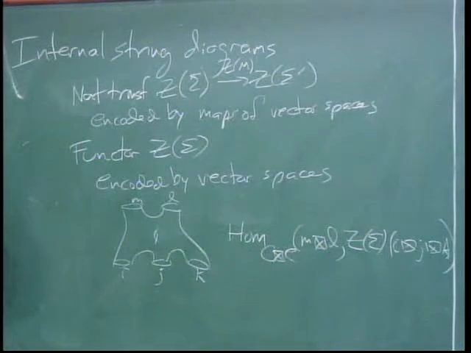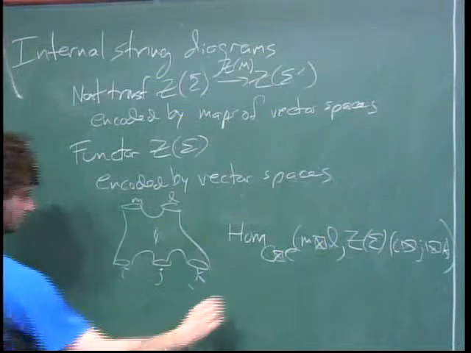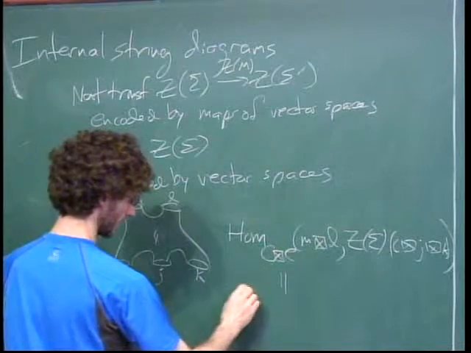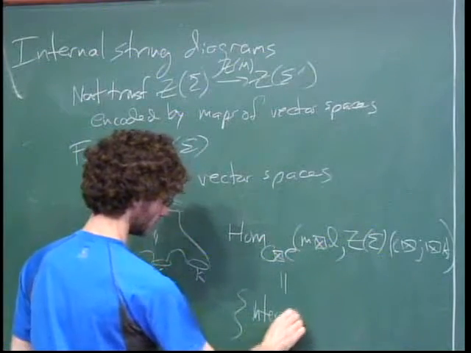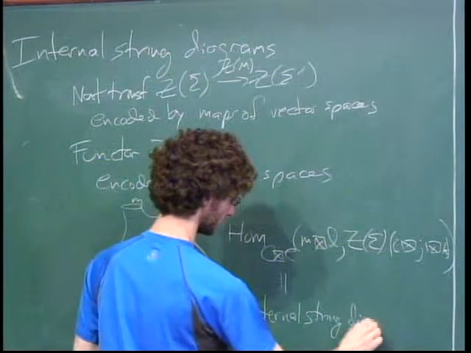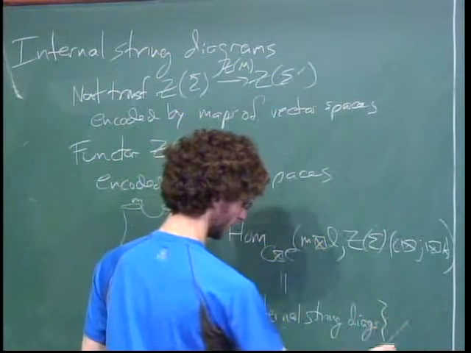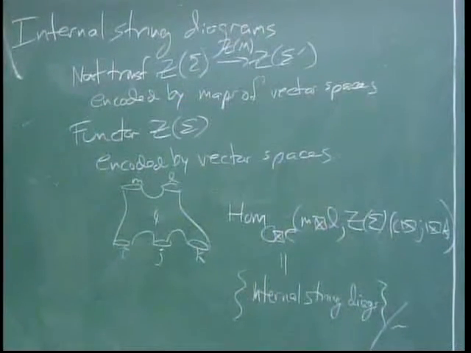And I remind you that the claim is that this vector space is, again, formal linear combinations of these internal string diagrams mod some equivalence relation where you let yourself move those diagrams around.